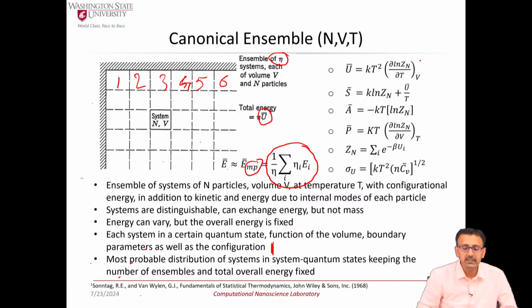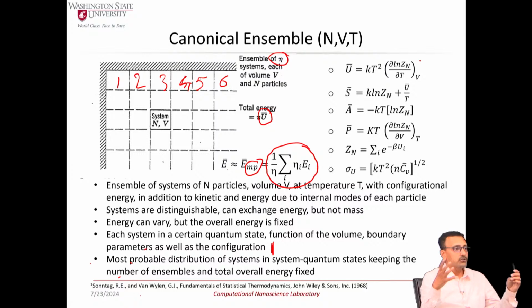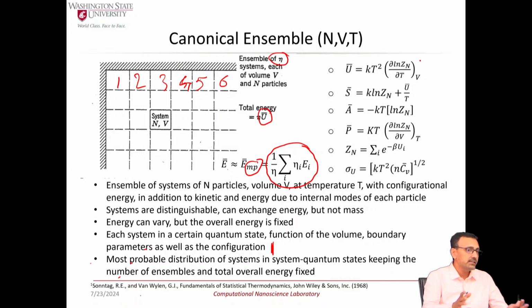So the key idea is U_i. What is the energy of a collection of n particles in that box? And you have to understand what those contributions are coming from. There is configurational energy because of interaction of the particles in that system, if it's not an ideal gas. So there will be dispersion, short range repulsion, electrostatic interactions. And then each particle will have an individual contribution.